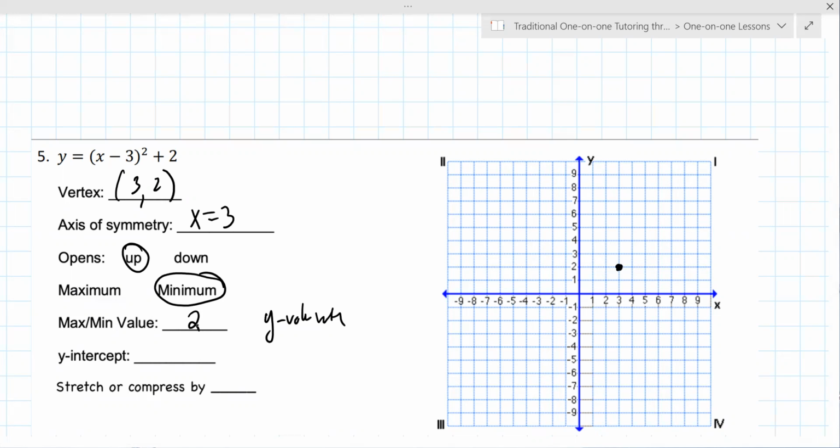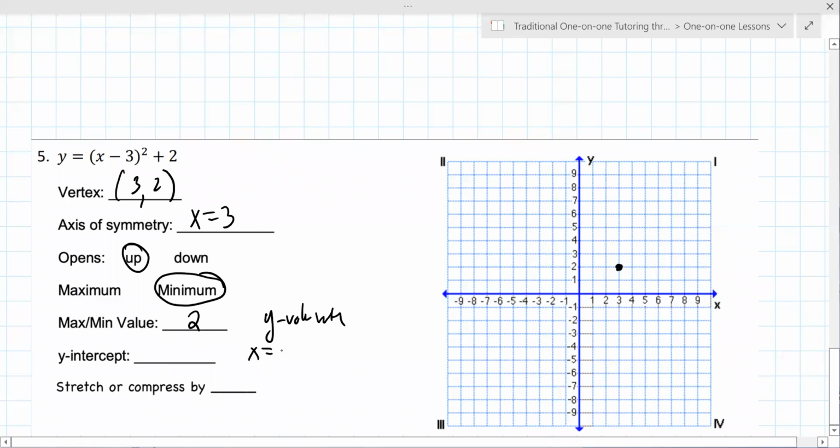The y-intercept. You have to put 0 in for x. So 0 minus 3 squared plus 2.